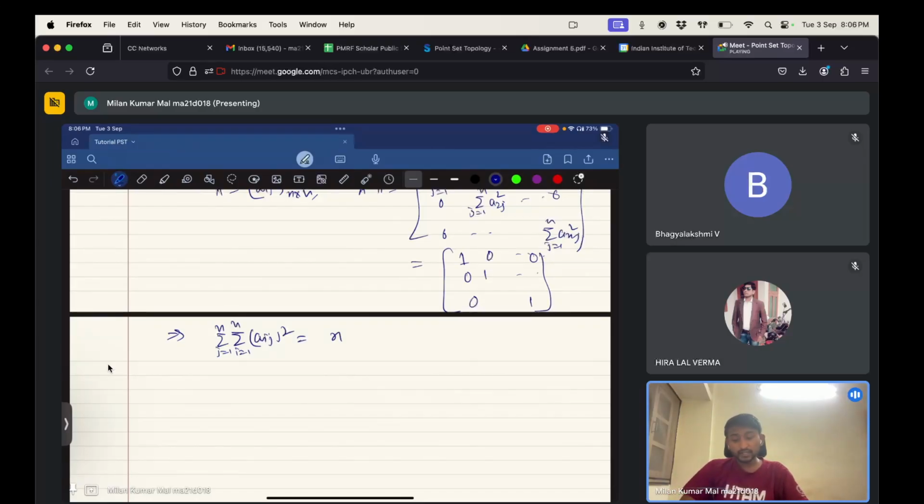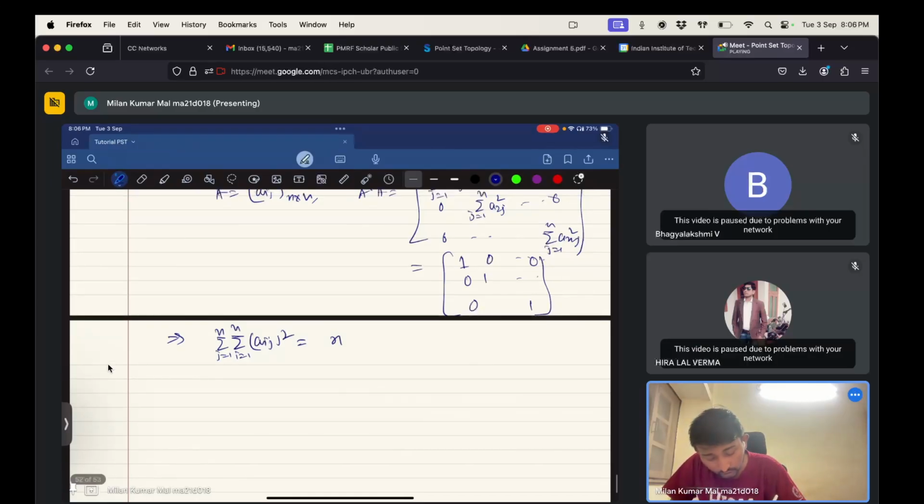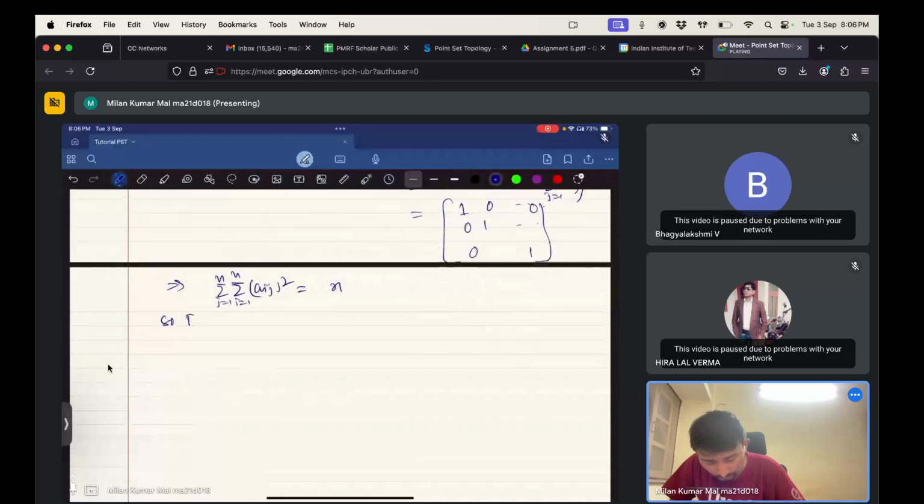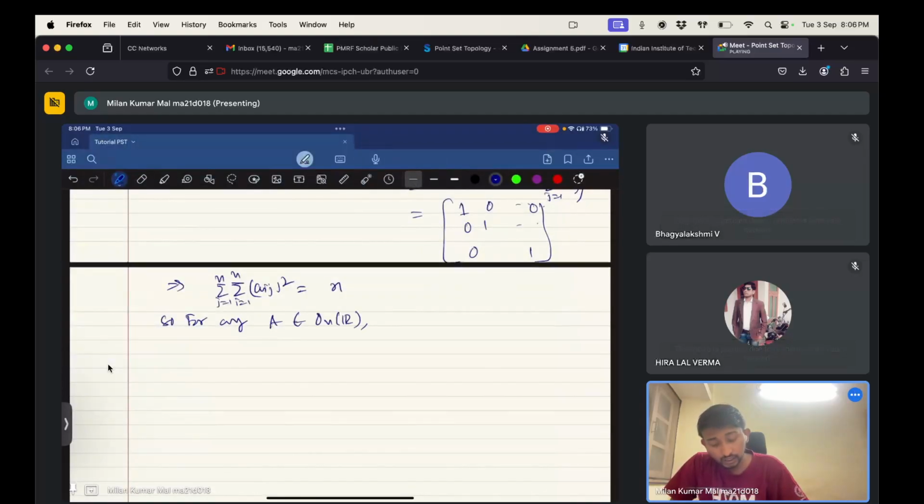So for any element A coming from ONR, the summation of aij squared, which is the length, is exactly n, not merely less than or equal to n.